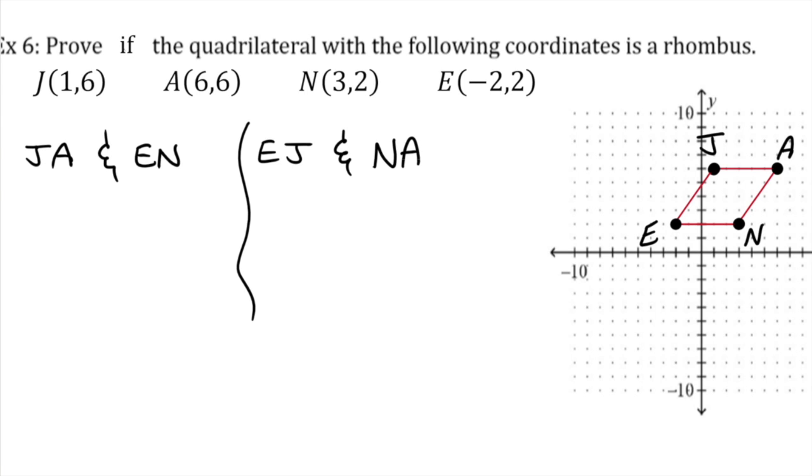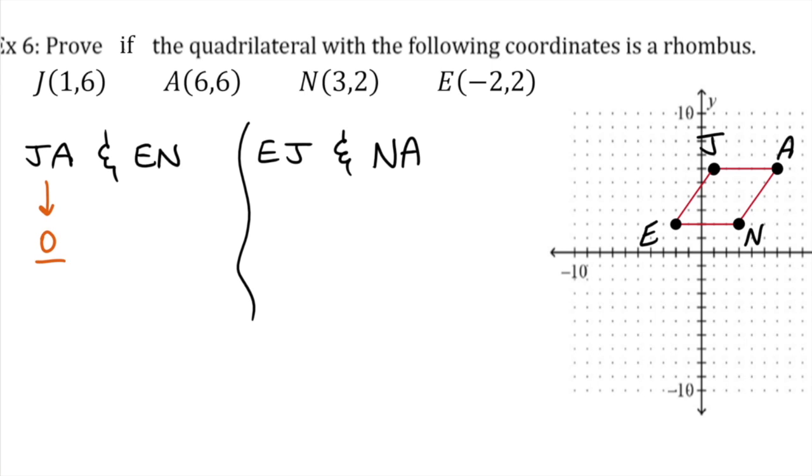As I'm taking a look at these, I'm going to go through them using rise over run just so it's a little bit quicker. I'm going to make this video a little shorter. You are welcome to use the slope formula if that works out better for you. So going from J to A, I'm taking a look at the graph and noticing that my rise is 0.